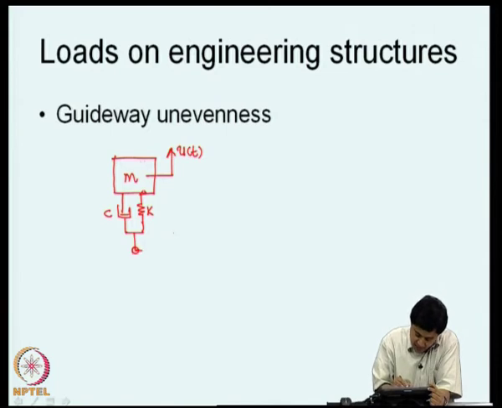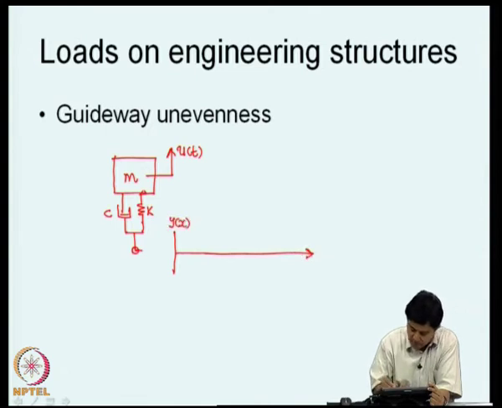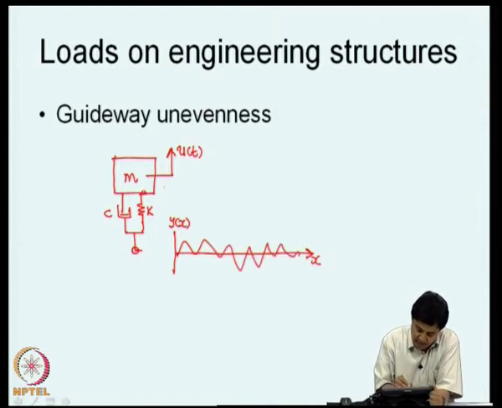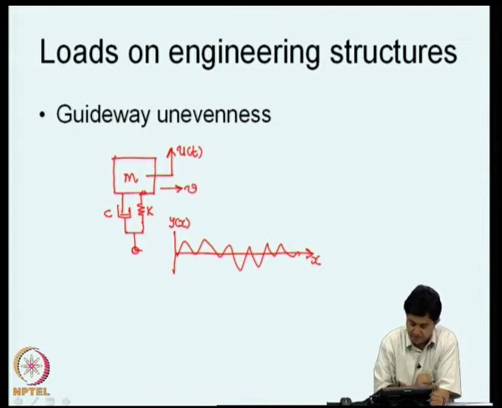And this vehicle, let us consider what happens as it traverses a road whose surface is undulating. Let us assume that this vehicle is moving with a velocity v.